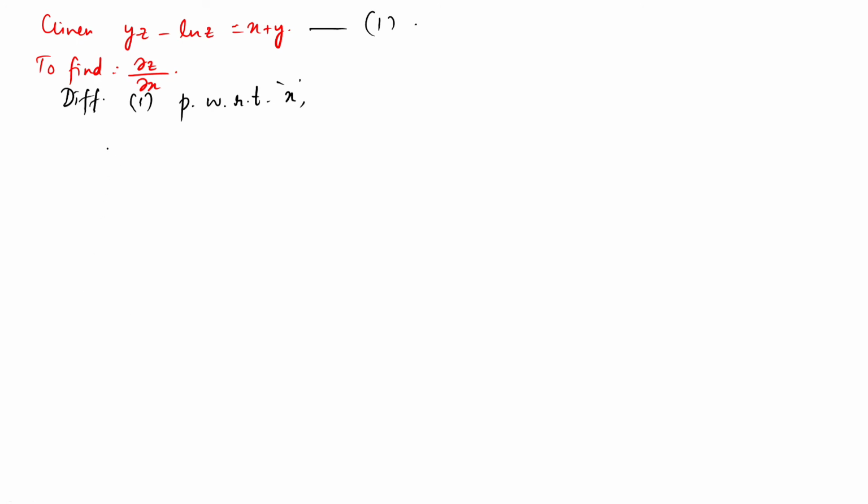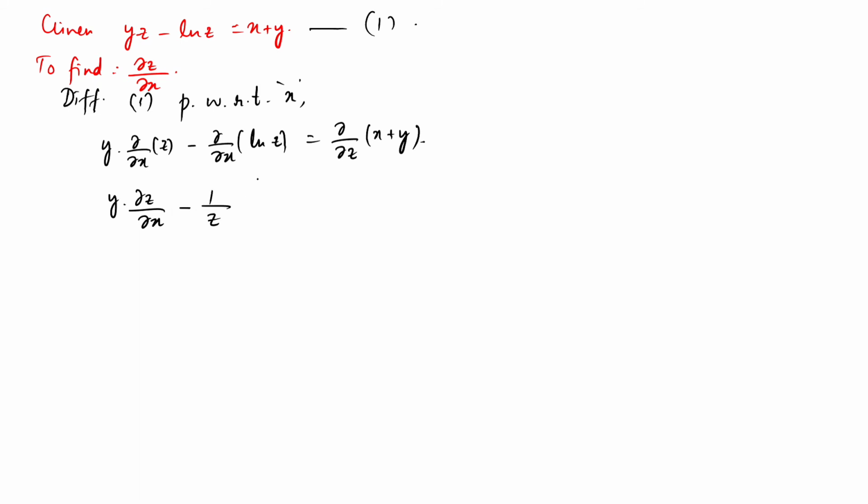You treat y as a constant and you will have del upon del x of z minus del upon del x of log z equals del upon del x of x plus y. Since y is a constant, we have taken it out, and this quantity we write simply as del z upon del x. When you differentiate log z, you would get 1 upon z.